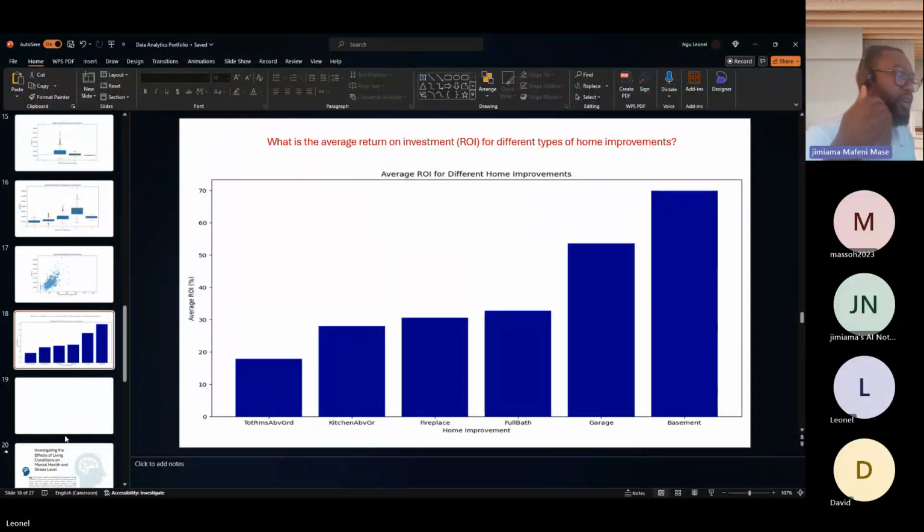Sometimes it's very good because it doesn't only show that you have done the visualizations, because others can also do these visualizations using Excel or other visualization tools, things like Power BI, Tableau. But adding the code tells the employer or your stakeholder the amount of programming knowledge you have.